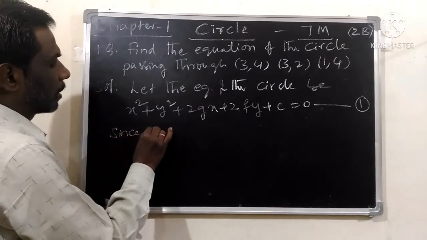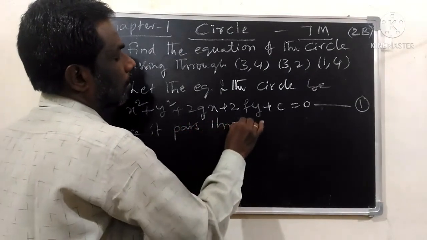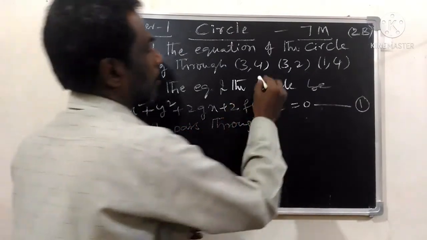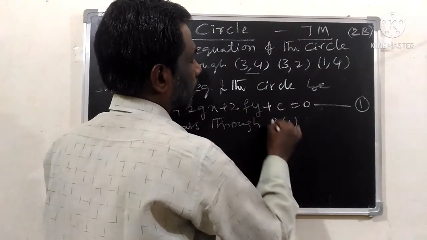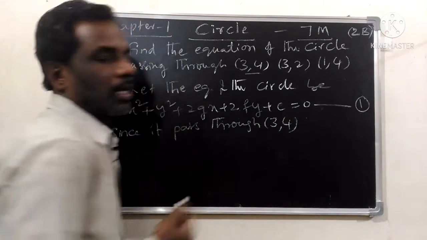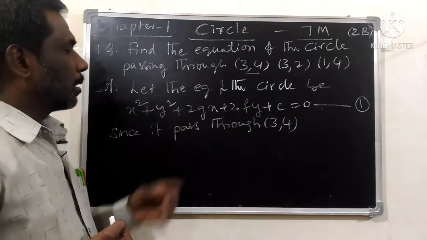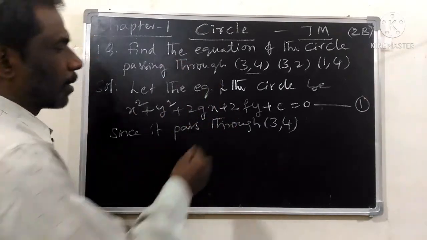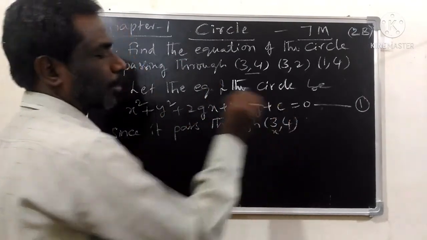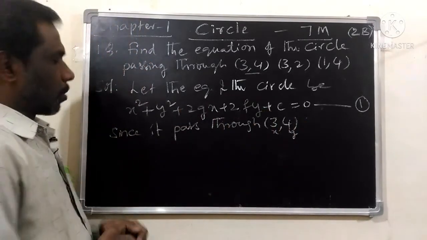Since it passes through the first point (3, 4), I am going to substitute this point in the circle equation. In place of x I substitute 3, in place of y I substitute 4.